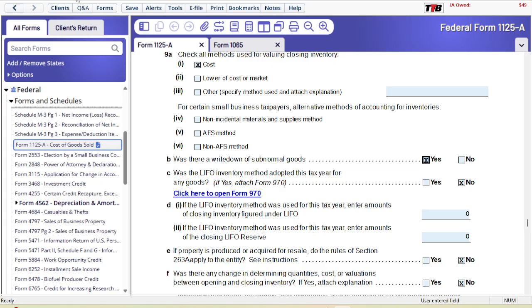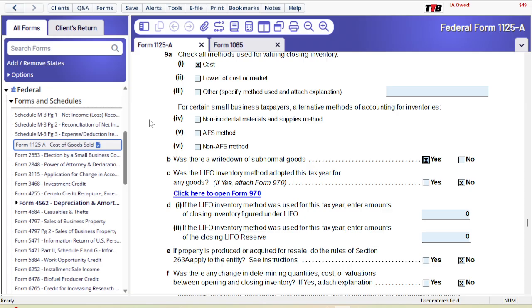If you purchase some products in 2024 and some in 2025 at different prices, and then you sell in 2025, the first ones you sell, you use 2024 costs for what you sold in 2025, until you have sold all the product you purchased in 2024, before you start using the 2025 costs for what you purchased in 2025. So that would be first in, first out.